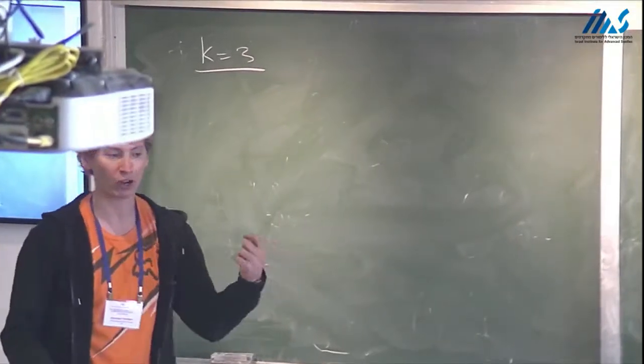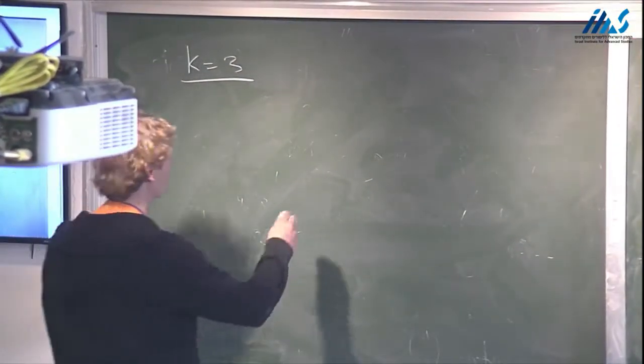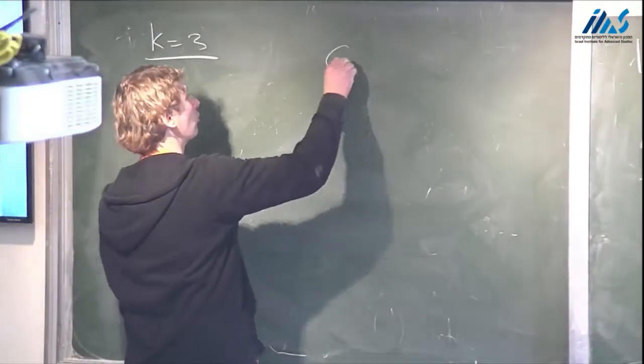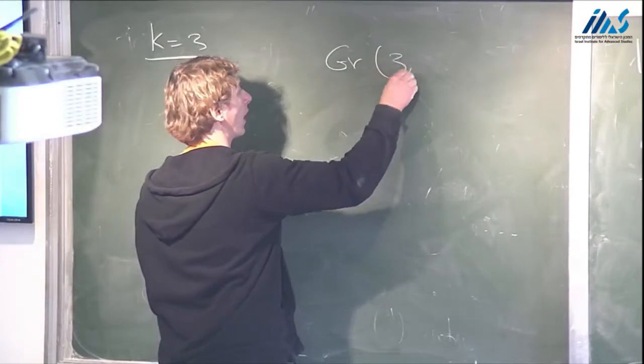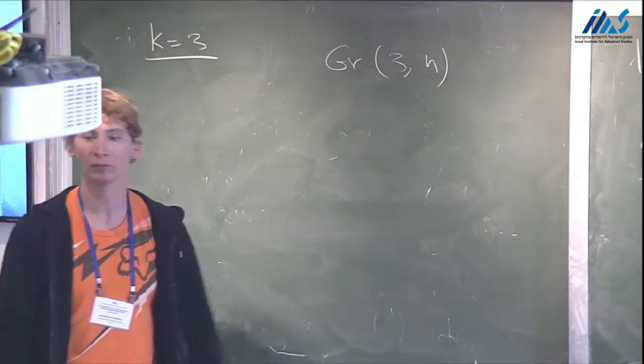So remember, a configuration of vectors in a three-dimensional space is a configuration of points on the plane. So in general, you have a bunch of points. A point in the Grassmannian Gr(3,n) can be represented by n points on the plane.